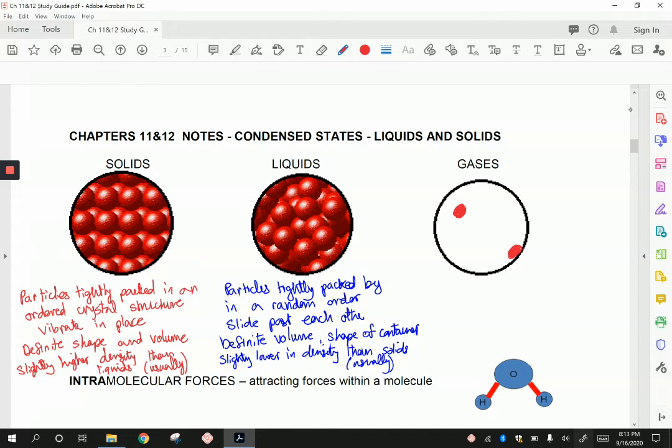Gases: particles far away from each other. Random, rapid, and constant motion of these particles.